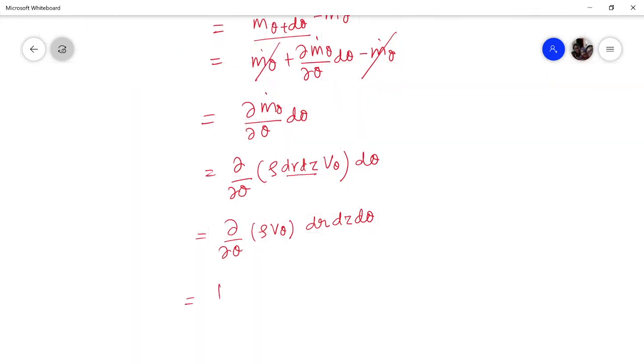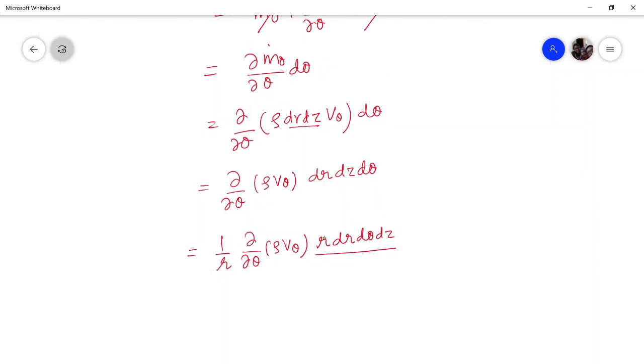So this becomes 1 by r del by del theta of rho v theta r dr d theta dz. What is this? This is nothing but the volume. So directly I will be writing here. So this is the net mass efflux in the tangential direction. Okay, so this is 1 by r del by del theta of rho v theta dv.